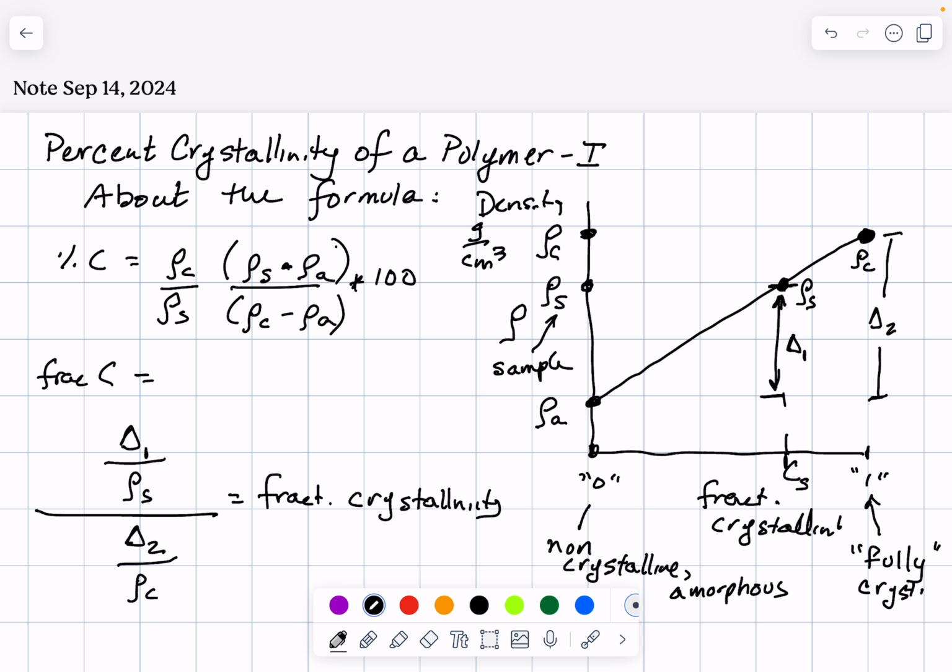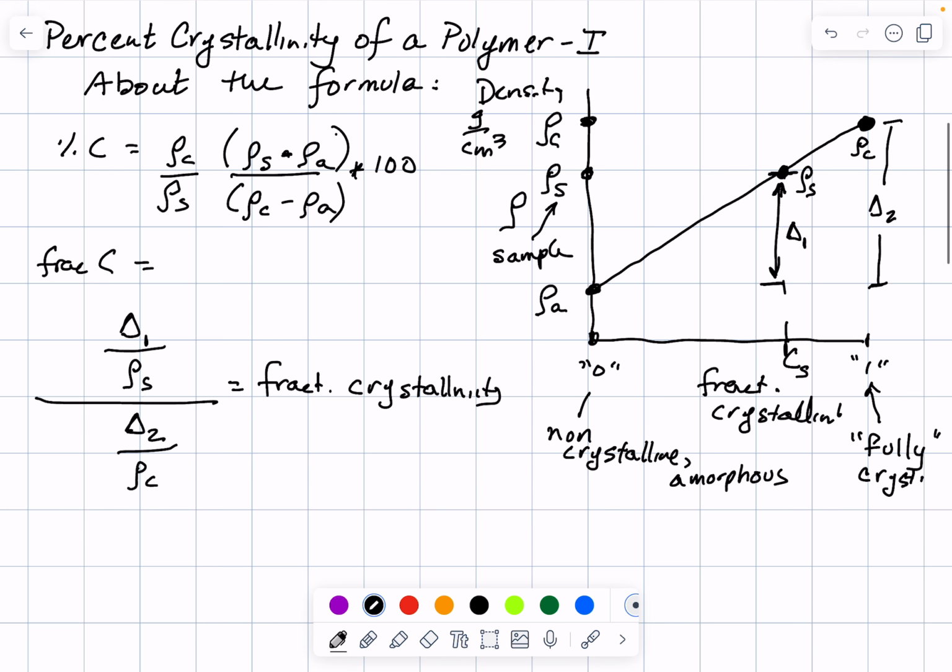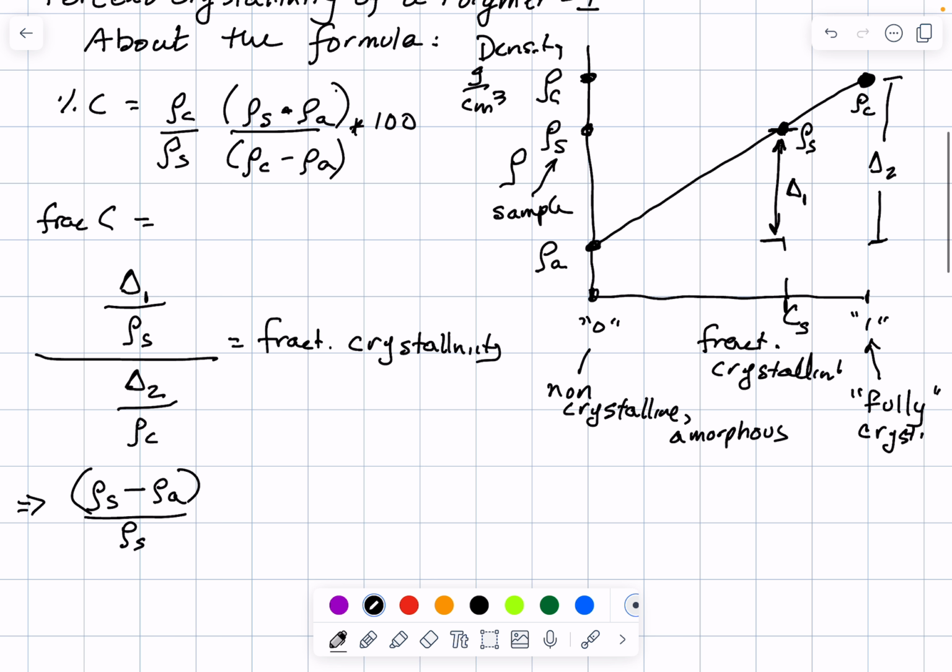And I'm going to just take a moment to write this out a little more formally. So in a full-on formula, what this is saying is that the density of the sample minus the density of the amorphous phase, divided by the density of the sample, divided by the density of the crystalline phase minus the density of the amorphous phase, divided by the density of the crystalline phase.